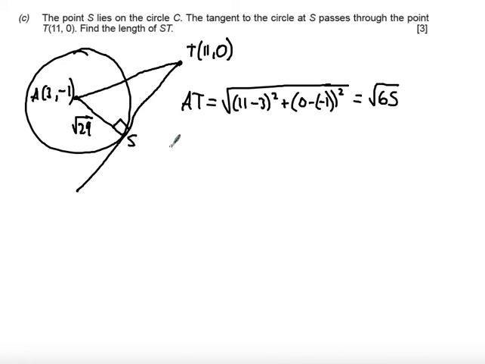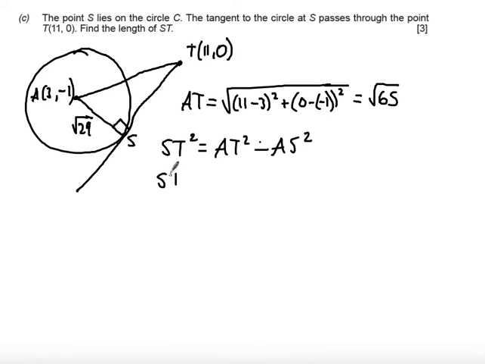So then finally, using Pythagoras, ST squared is equal to AT squared minus AS squared, because I'm finding a side which isn't the hypotenuse, so I'm just rearranging that. That's AT squared minus the other side.